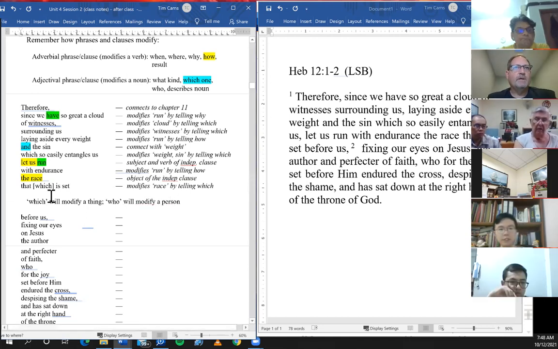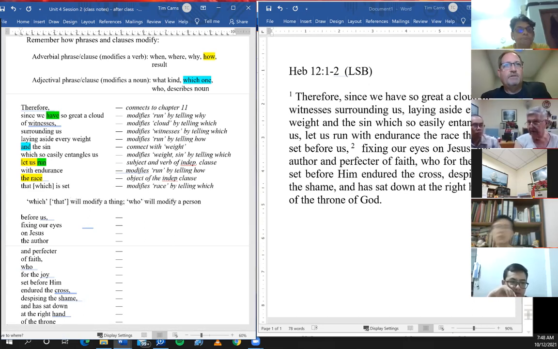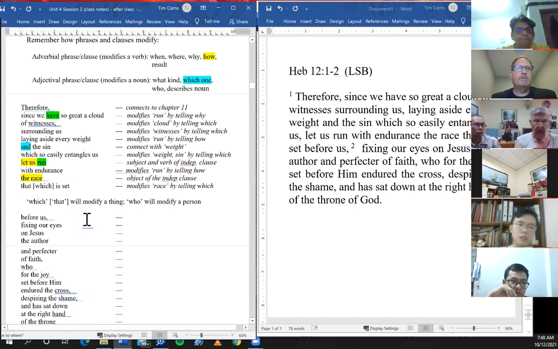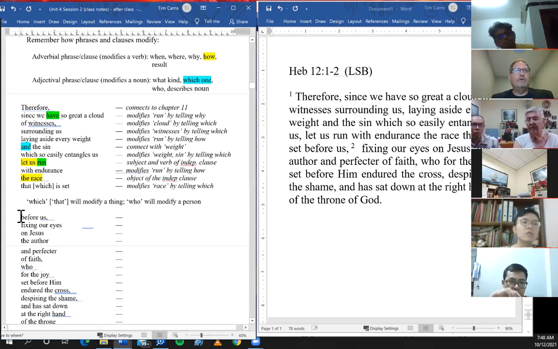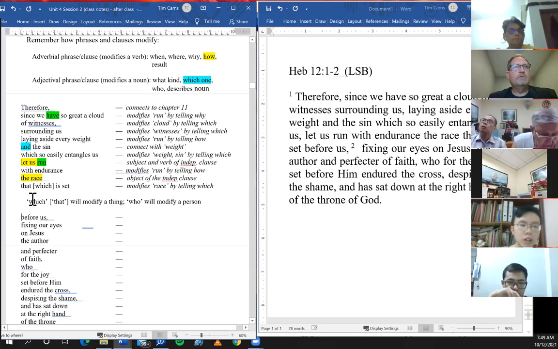And sometimes, again, the word that might be used, because sometimes the word that in English can function the same way. So before us, the race that is set or which is set before us.